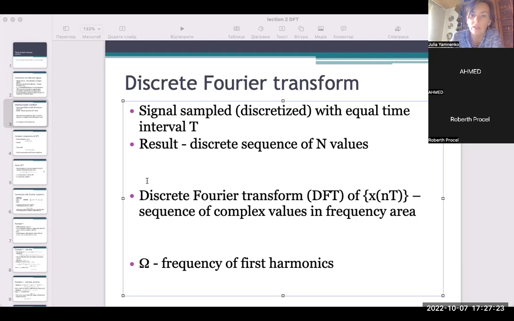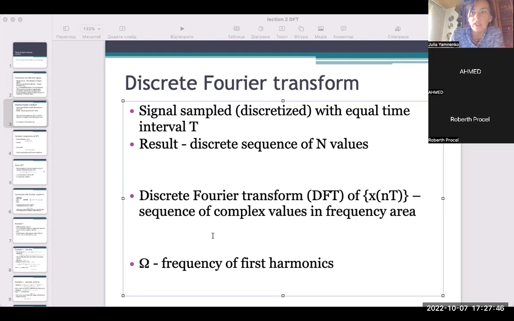As a result of applying the discrete Fourier transform to this original function, we obtain a sequence of another N values, the same number. So how many digits we have in the original function, the same amount we have in the spectrum.